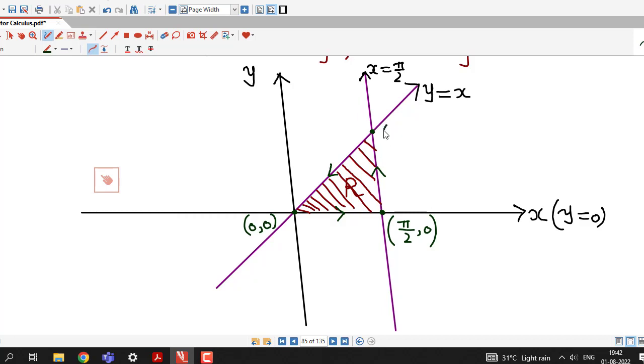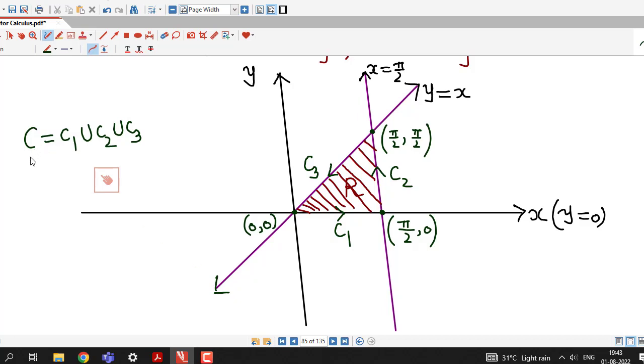Here x is pi by 2 and y and x are equal, therefore this point is also pi by 2. So we have this point as pi by 2 comma pi by 2, and our curve C can be written as union of these three curves, C1 union C2 union C3. So we consider this line segment as C1, this line segment as C2, and this line segment as C3.